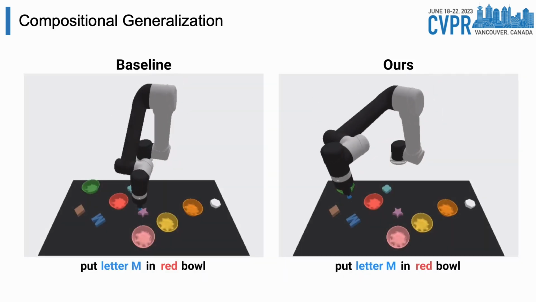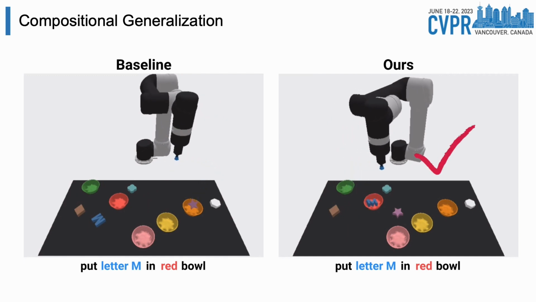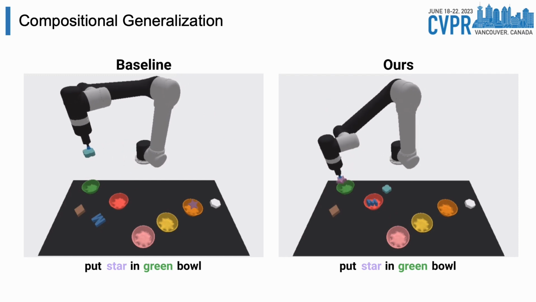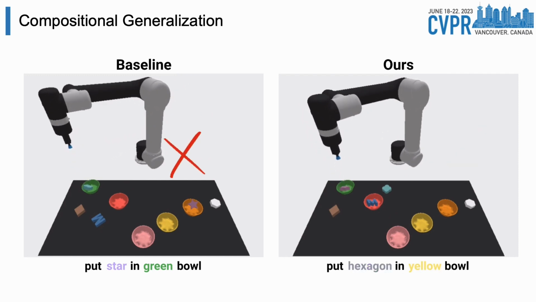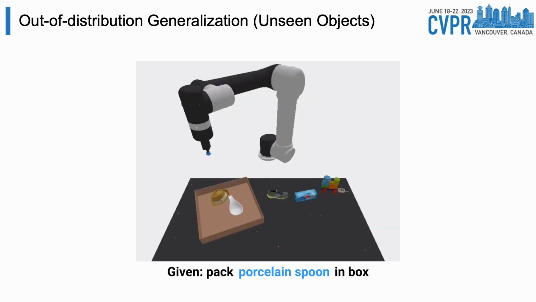Now let's see the result in the evaluation of compositional generalization. We can see that our method can adapt to the new task effectively. We further designed two experiments to evaluate the out-of-distribution generalization. The first one is that we train a policy to pack certain objects and adapt it to pack unseen objects.